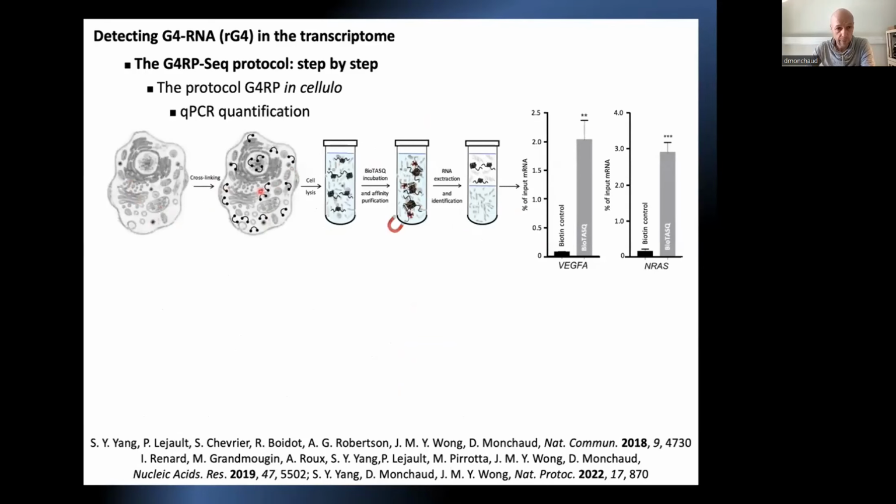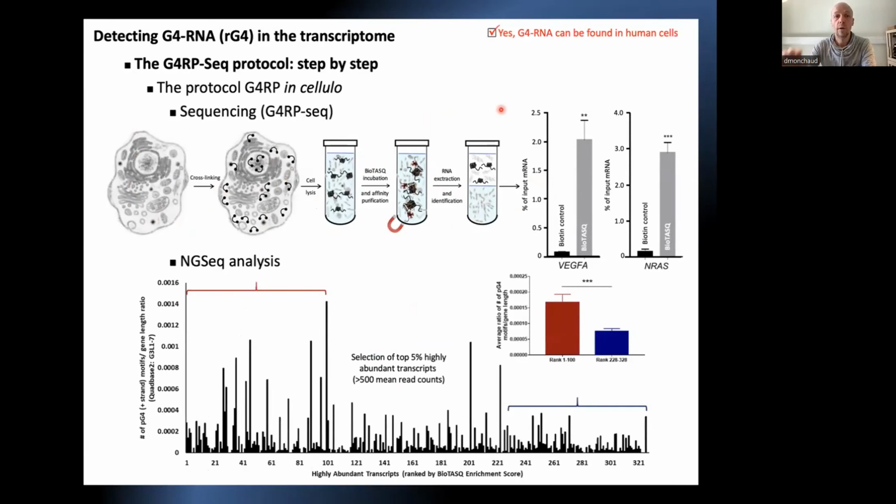So we performed this, we cross-linked everything, we developed this protocol to isolate the RNA, the DNA, to remove the protein, and then we validated this using qPCR quantification with established G4 forming sequences, and it works quite well. So we moved to sequencing.